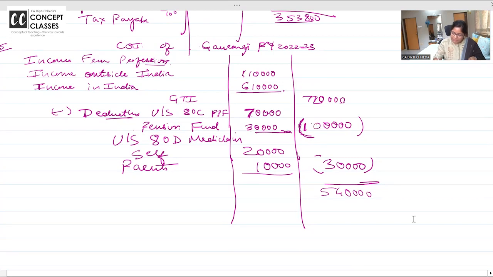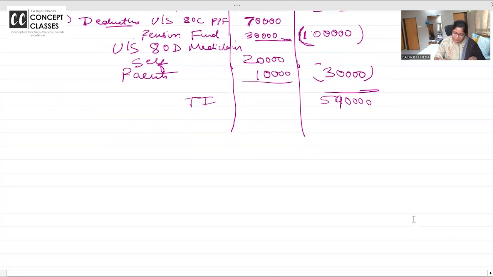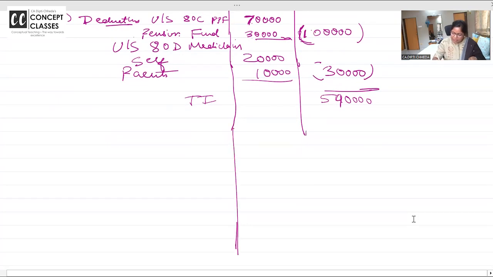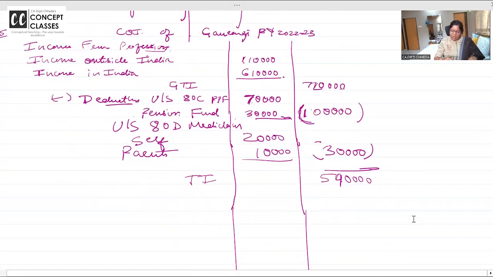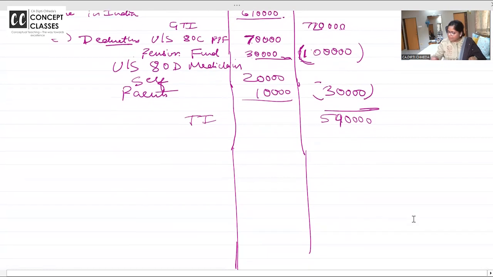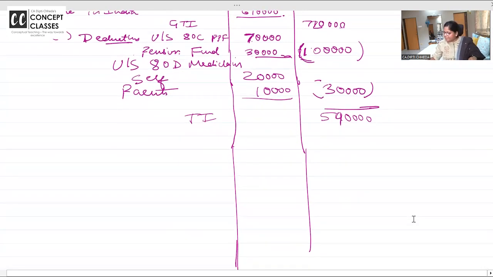In 80C it is only 1 lakh deduction, so this will be 5,90,000 as total income. Any doubt until now? Now calculate tax on total income: 590 minus 5 lakh into 20%, plus 12,500.